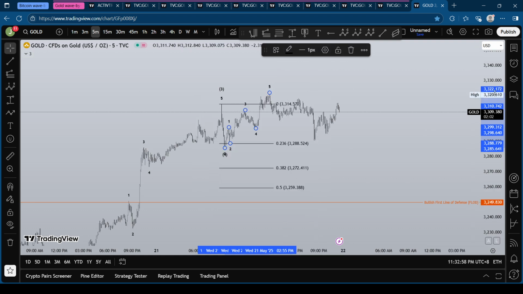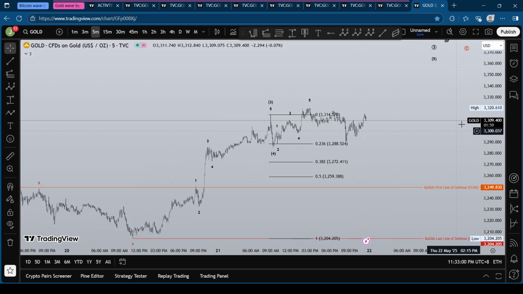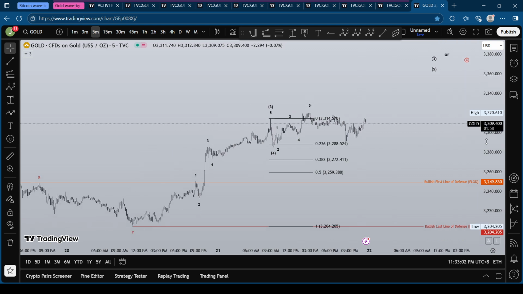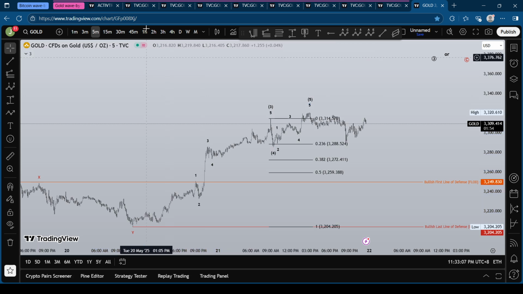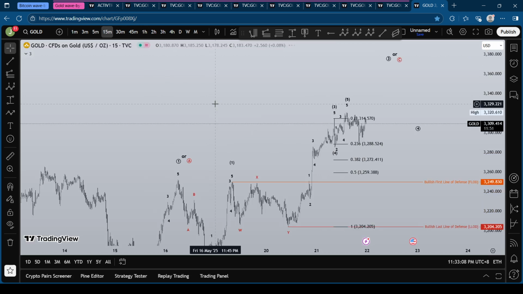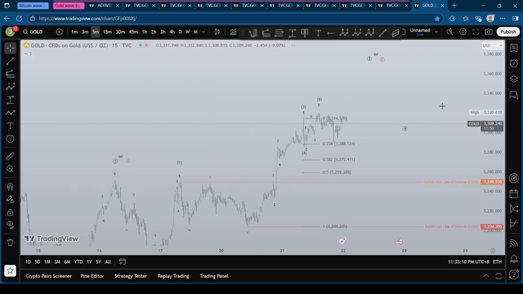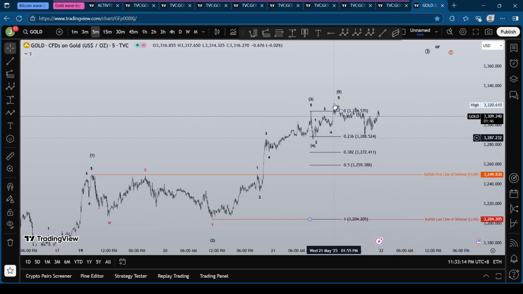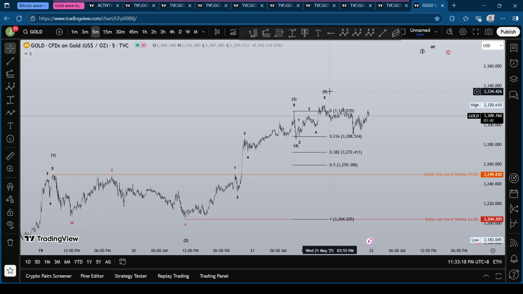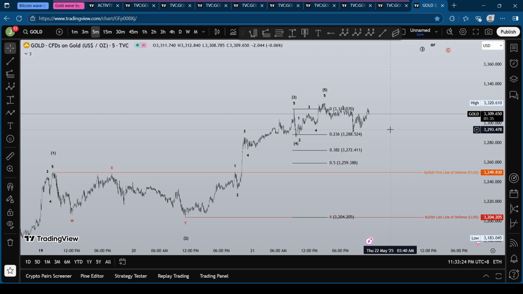This means that the parenthesis count 1, 2, 3, 4, 5 has officially ended or terminated. When it is terminated, after the 5 internal waves of this parenthesis wave 5, we expect a correction. And just like what I discussed a while ago, there are different corrections that you may consider.